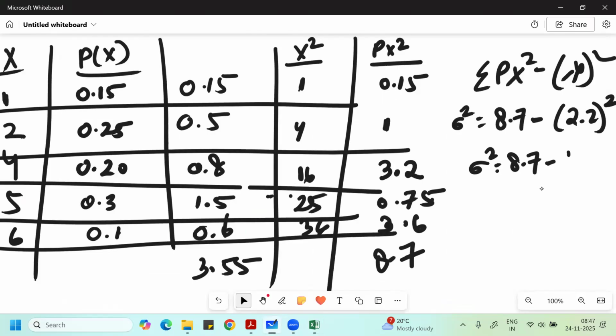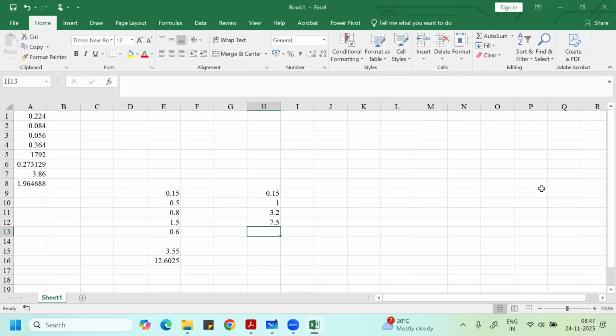Here I wrote 0.75, but it is 7.5. And 36 into 0.1 is 3.6.